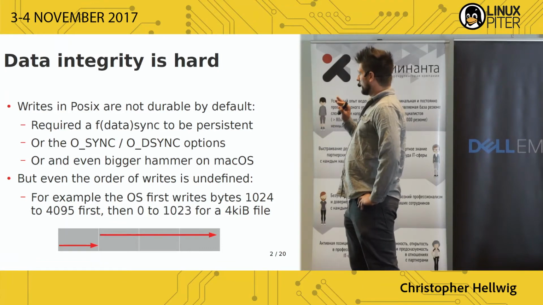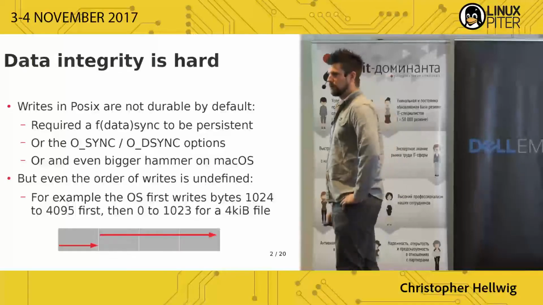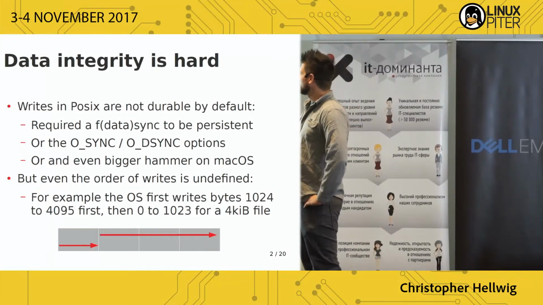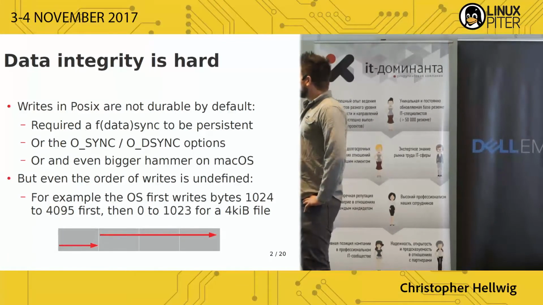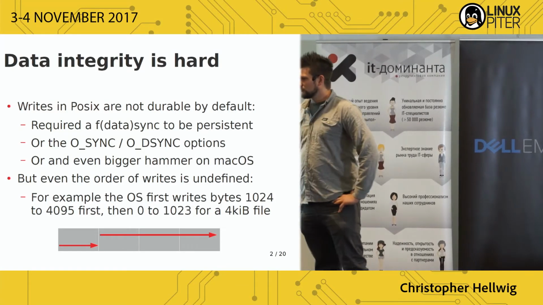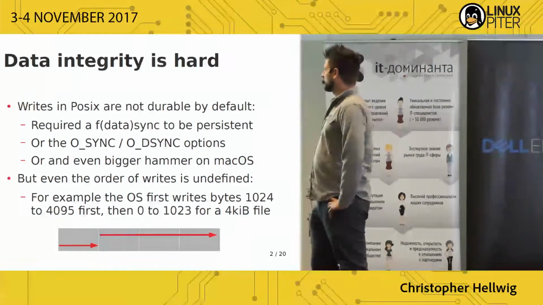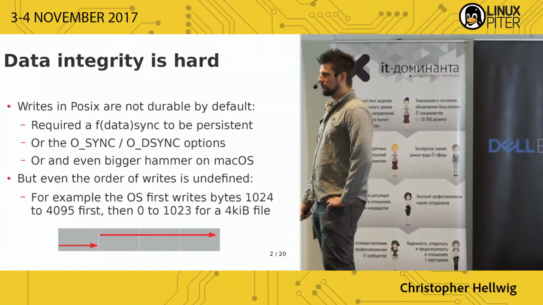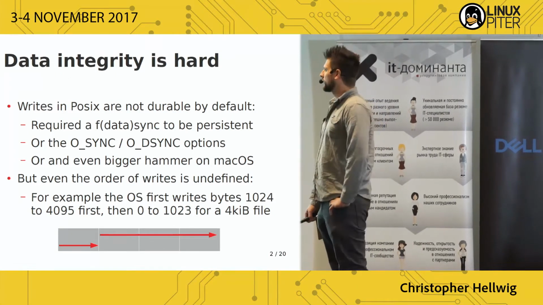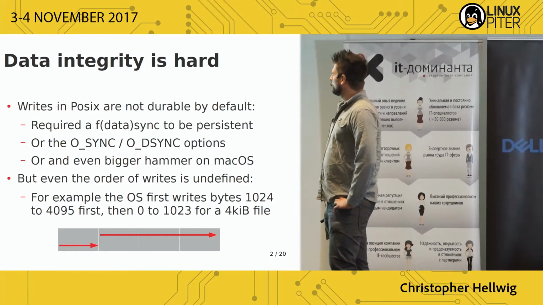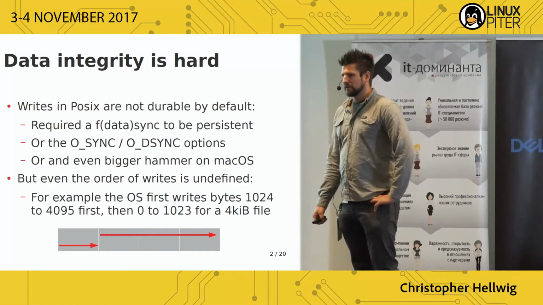If we're talking at the syscall level, the raw read and write calls are not persistent in case of a sudden power crash at all in any POSIX system, in fact in Windows as well, and in just about anything common. So we need to do another system call called fsync to persist it.